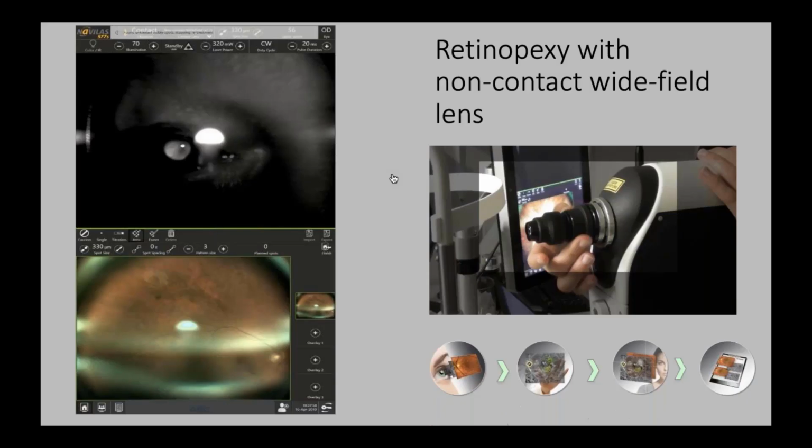This is a completely unedited video of the actual treatment, and we can see that the treatment is very fast, with a total time taken of just over about 1.5 minutes.